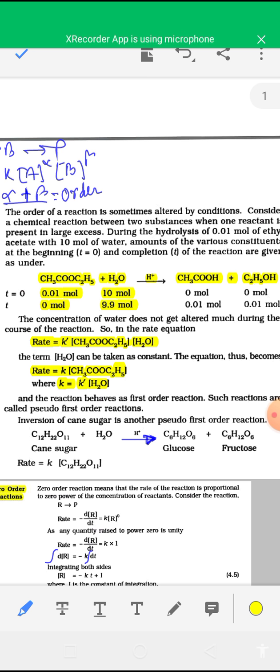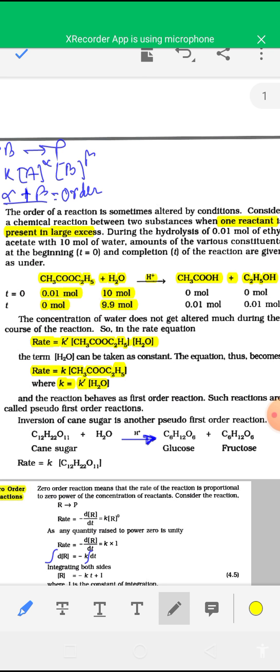In pseudo first order reaction, one reactant, in this case water, is present in large excess. That is, if in a binary chemical reaction one reactant is present in very large excess, then the reaction becomes first order reaction, not second order reaction, but it seems to be second order reaction.